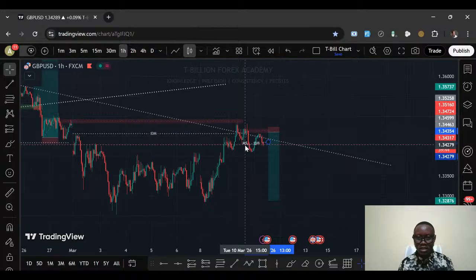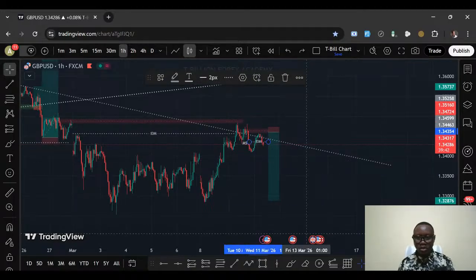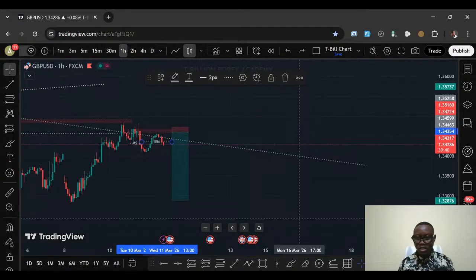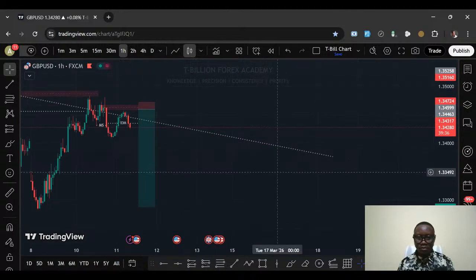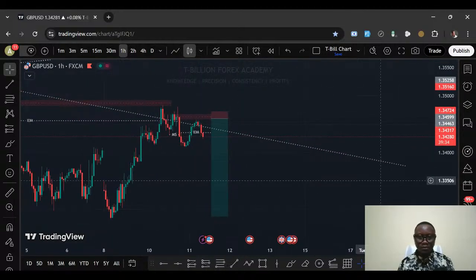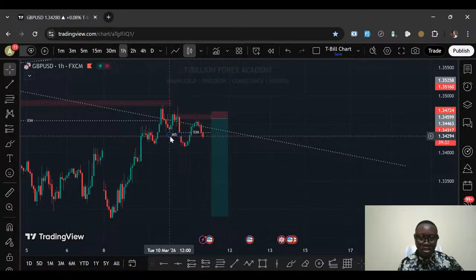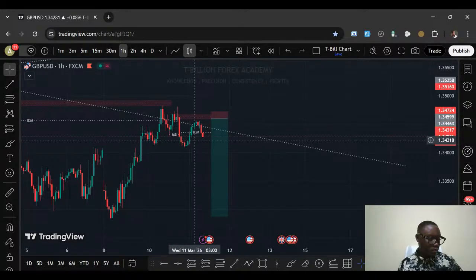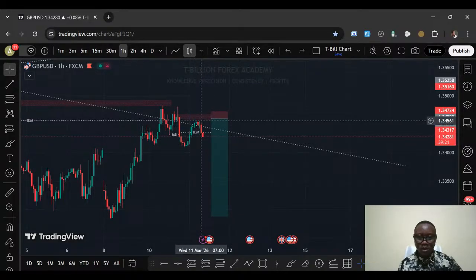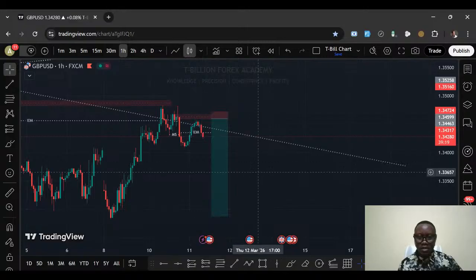This is our MS, and there we got our inducement, which is this. Let me zoom in so you guys can see my screen properly. So we have our market shift right here, and here's our inducement, and this is our point of interest, another order block zone. So basically, we wait for price to tap into our order block zone, then we take the sell trade.